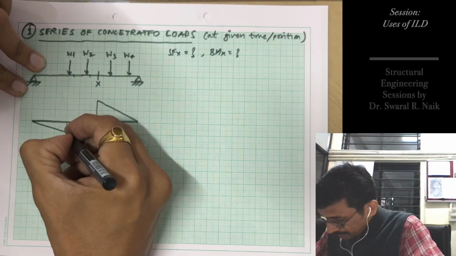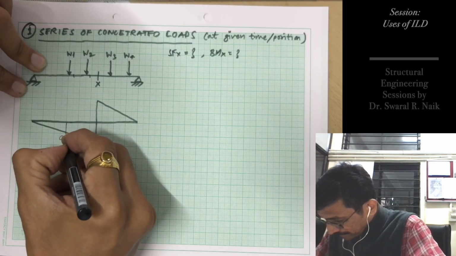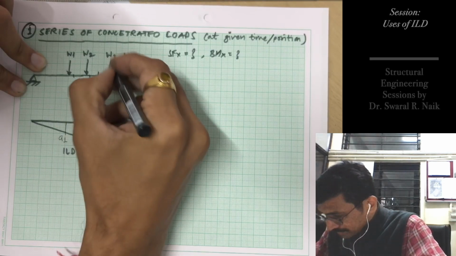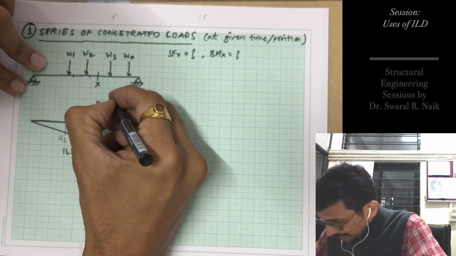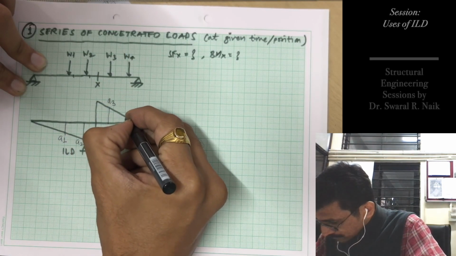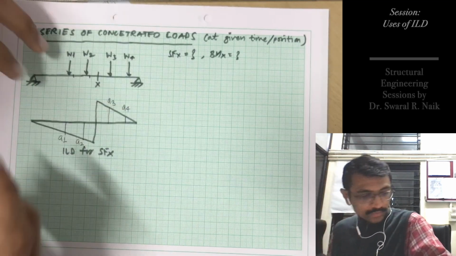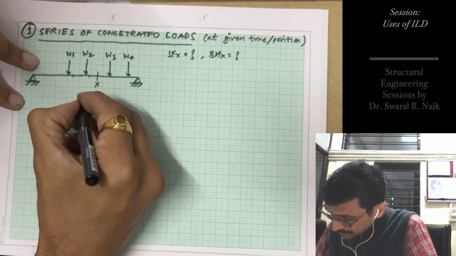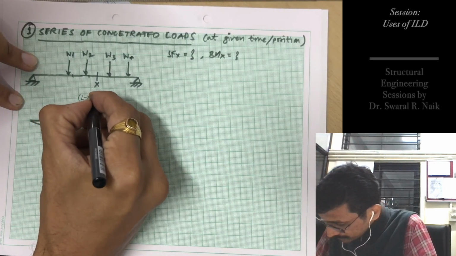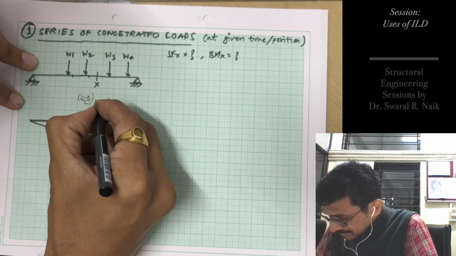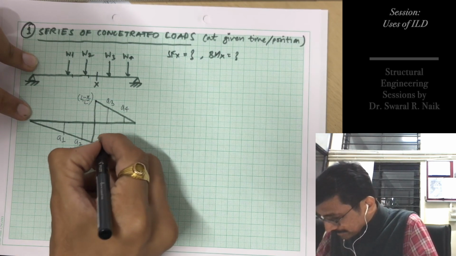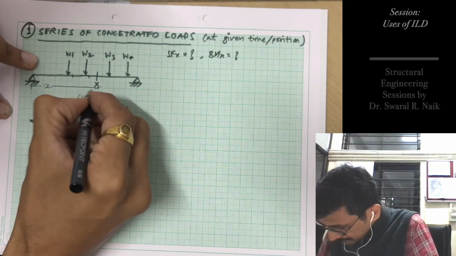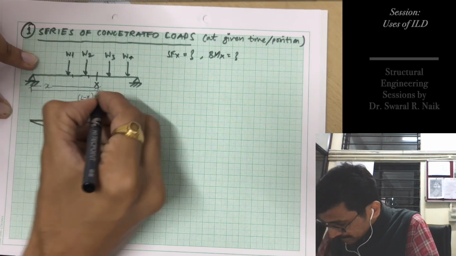Let this ordinate be A1, this ordinate be A2, this A3, and the last one A4. With reference to concepts, we already know this is (L minus X) upon L and this is X upon L. This is your X distance and your entire span is L.